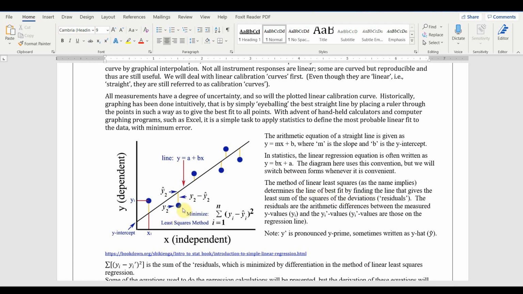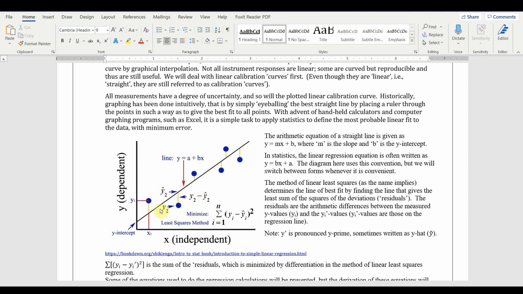For each measured value of y, that is each instrument response, the distance between that y value and y hat or y prime, that's the corresponding y value on the regression line, is calculated. That's called a residual. Then y minus y hat is squared, and this is summed up for each point.